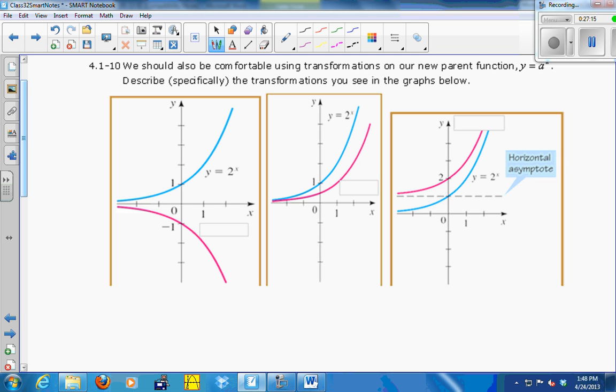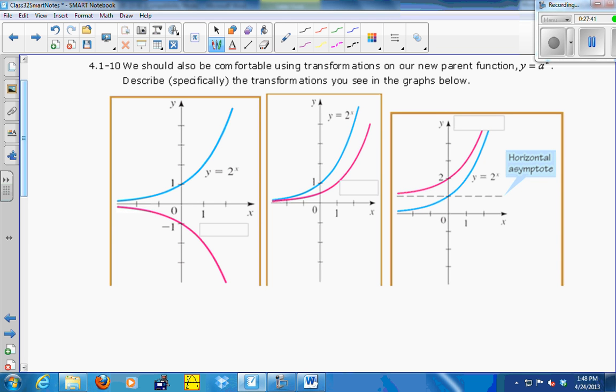So we're going to try to, 1, state what the transformation is in words. Okay? And then 2, try to take that statement and change the equation to make it match it. So if we look at the blue curve and the pink curve here, what transformation seems like it has taken place?